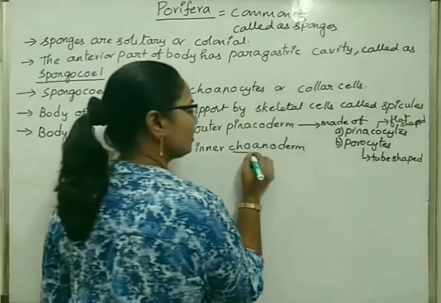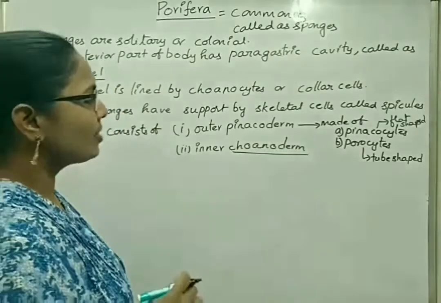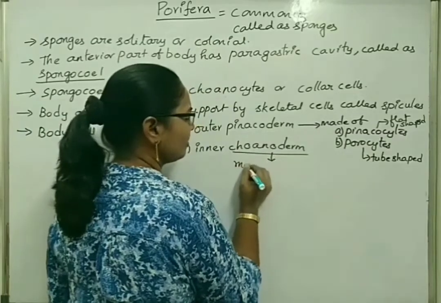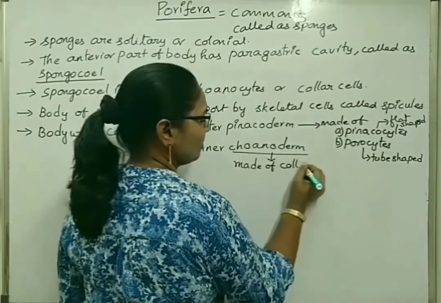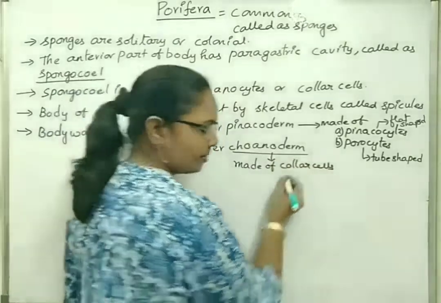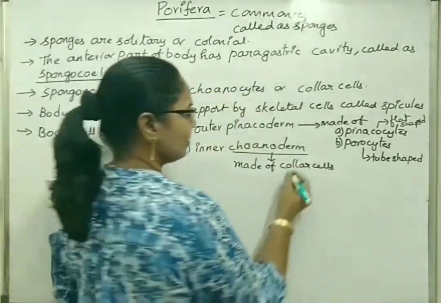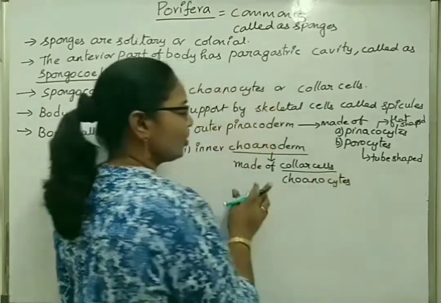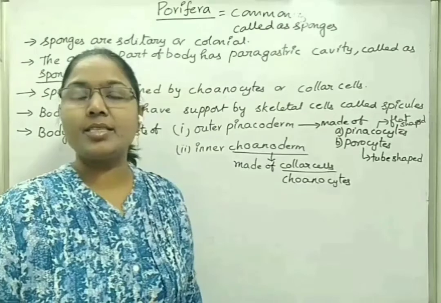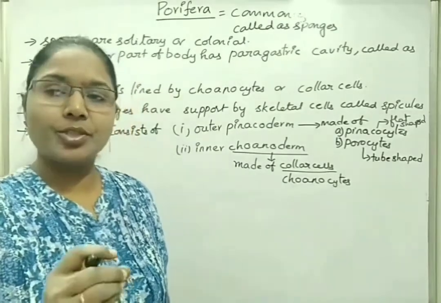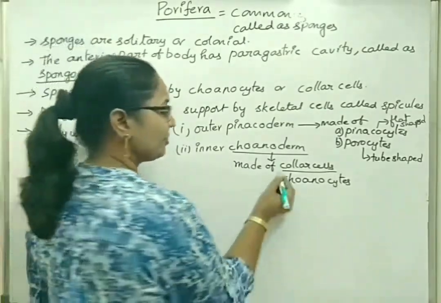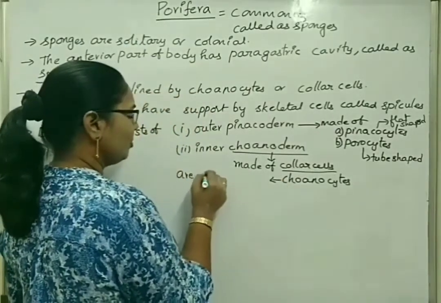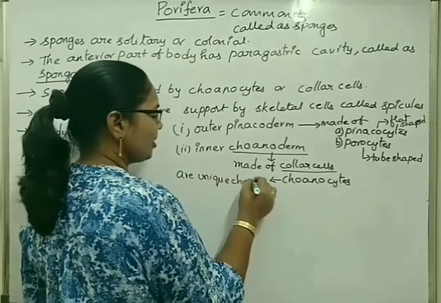Next, inner choanoderm. It consists of choanocytes, which are also called as collar cells. Having these choanocytes is considered as unique characteristic feature in case of sponges or Porifera.